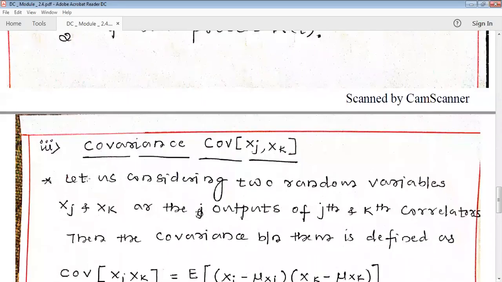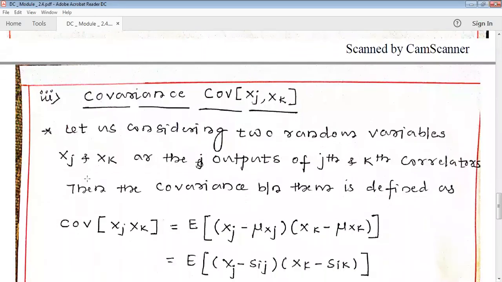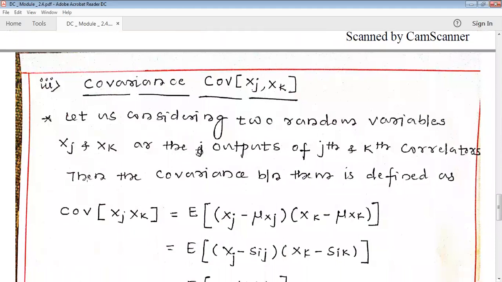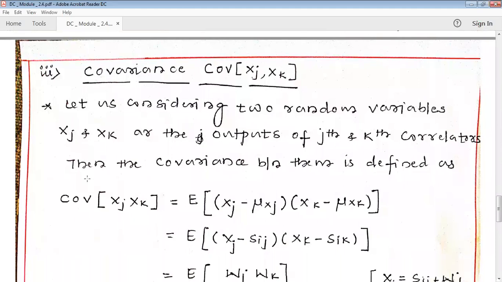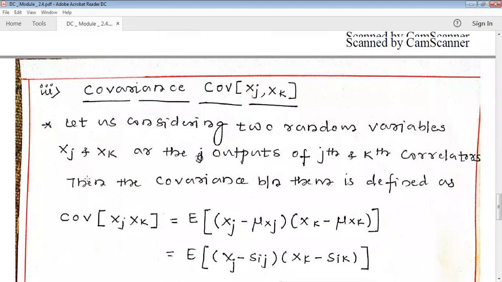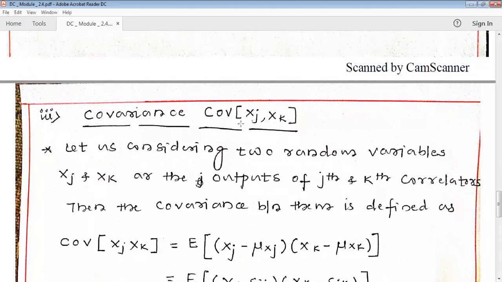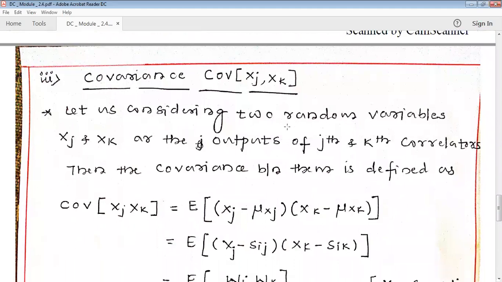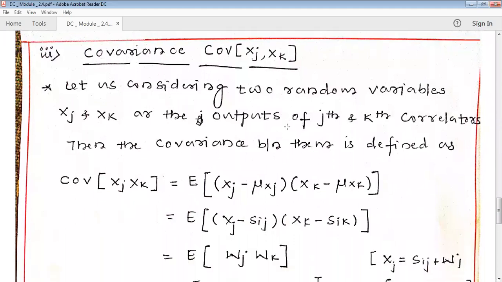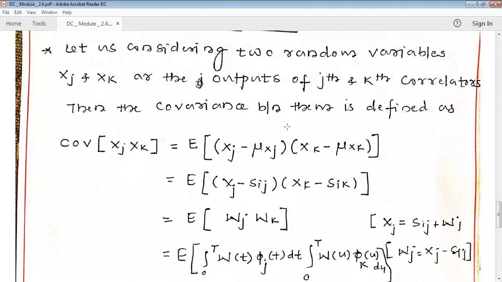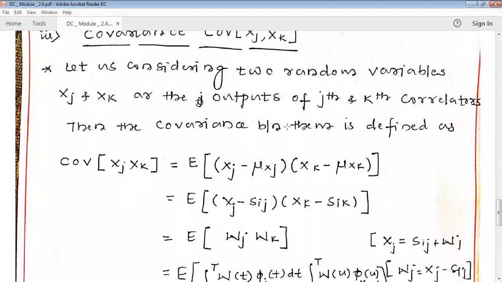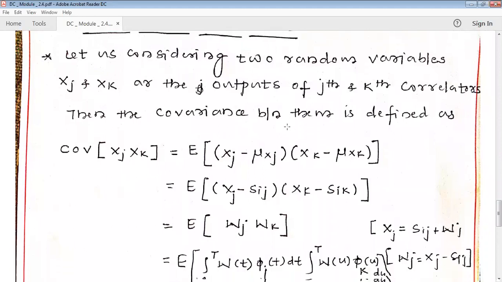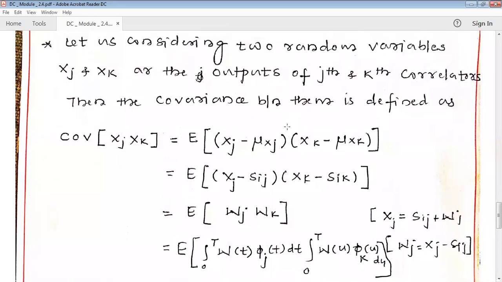And the third important parameter is covariance. Here we are comparing two different random variables, namely xj and xk. They are the outputs of two correlators, the jth and kth correlators. The covariance means the similarity between these two random variables.